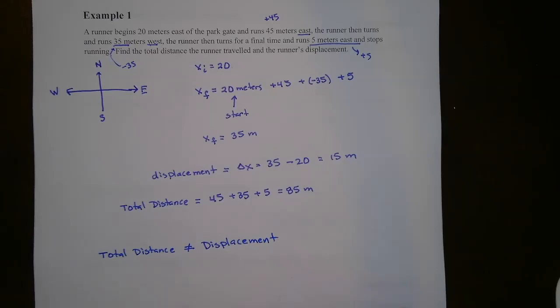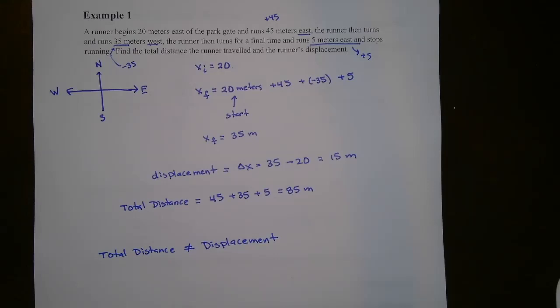So I'm going to ask you a question real quick here, okay? Let's say you were born in a hospital. Let's say you were born at the Selma Hospital right there on Rose Avenue. And you grew up here in Selma, you moved around, and then you died at the Selma Hospital. So what was your displacement for your lifetime?